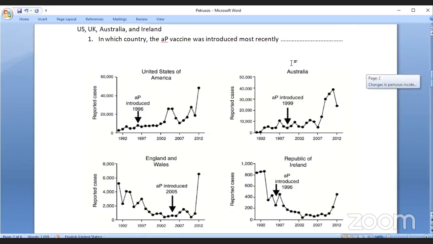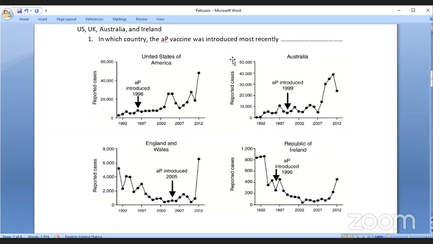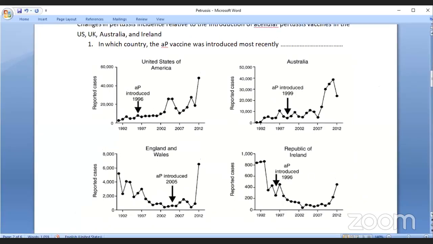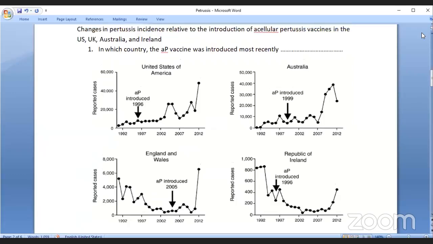So this is your question at the top, and these are four graphs. Please try to find the answer and write in the chat. Those who are on Facebook with us can write on Facebook, and those on Zoom can write in the Zoom chat.